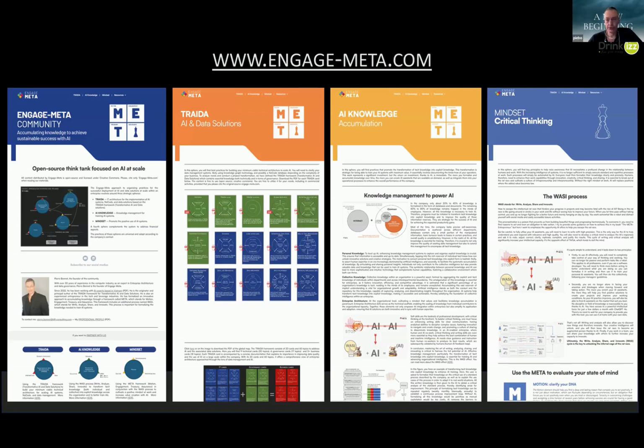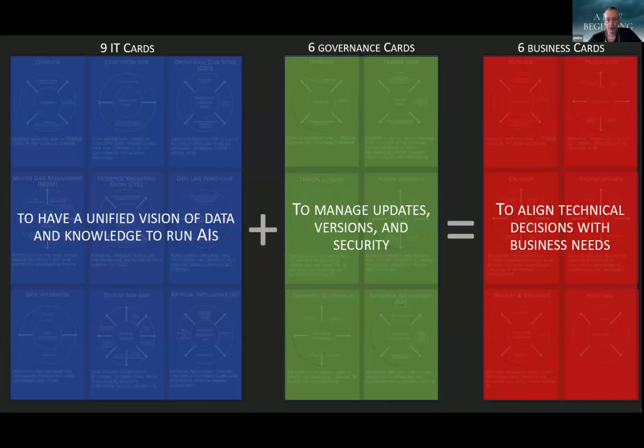And regarding the TREDA framework more precisely, the idea is to classify the knowledge we need in terms of architecture and IT skills in 3 domains. In the blue domains, we have a set of IT cards that are really oriented IT in terms of data management, database, for example, but also in terms of AI, of course.